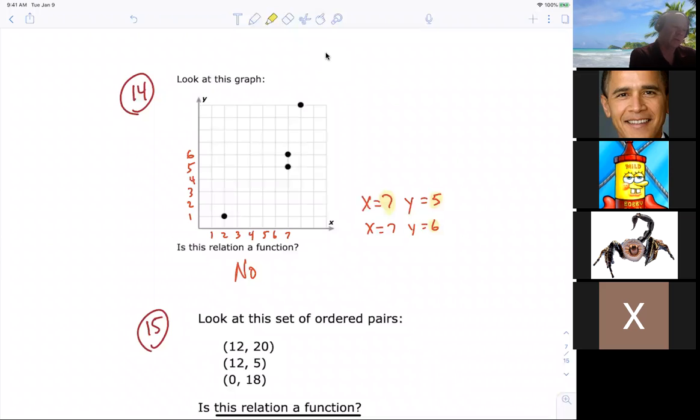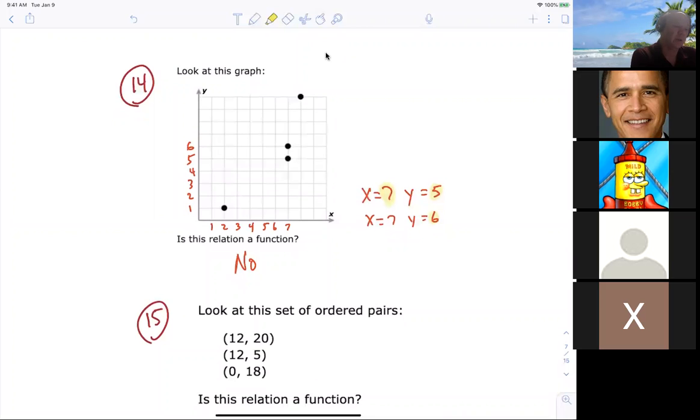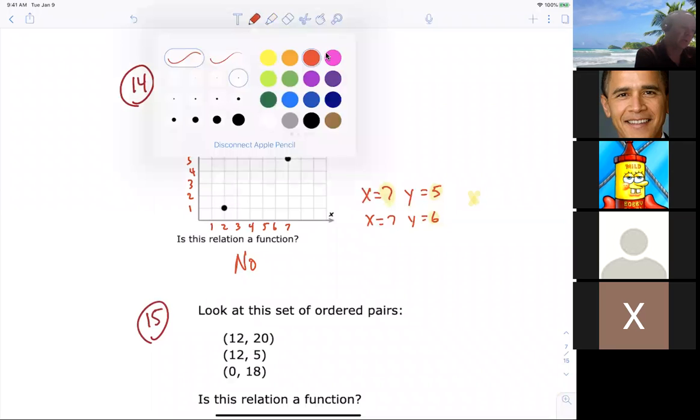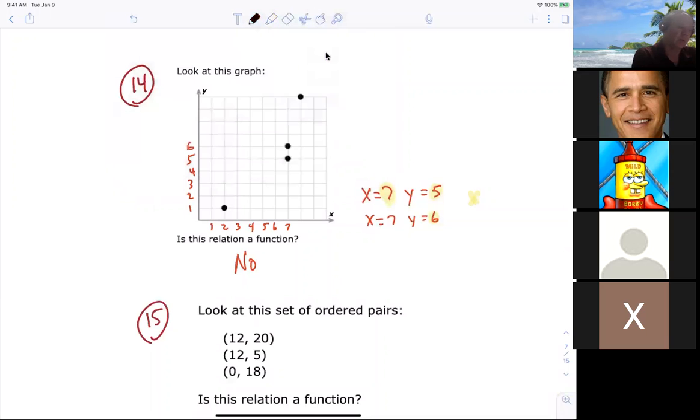I don't understand what you mean by two y values. So do you mean that it can only have one y value over the x value? Yeah, let me say it one more time. See how when x is 7, here's what I'm trying to say one more time. Just listen. All right. So if x is 7, y can only have one number.